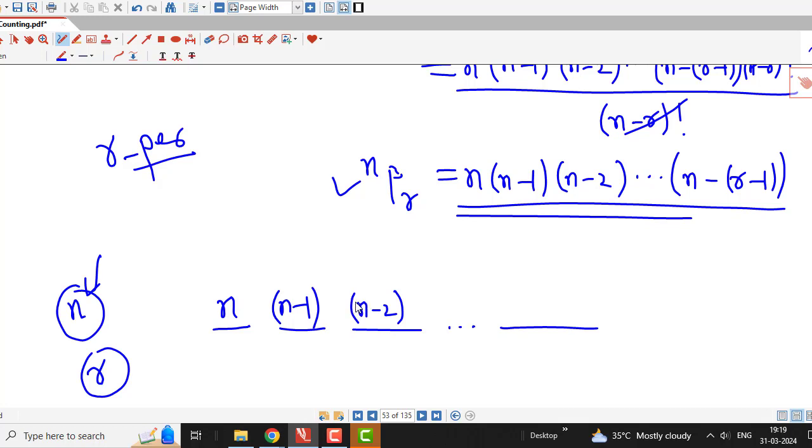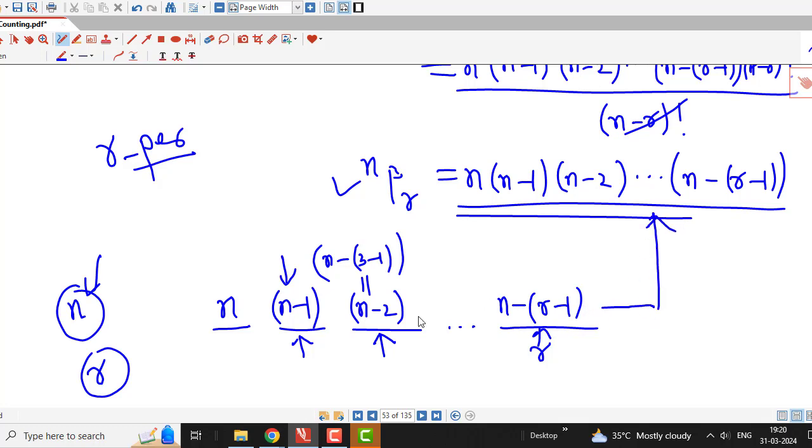So you can see if I am writing n for the first position, for the second position I write n minus 1, and for the third position I write n minus 2. So for the rth position I have to write n minus r plus 1. So this is how this formula is coming. It is coming from the product rule, by the product rule for counting.